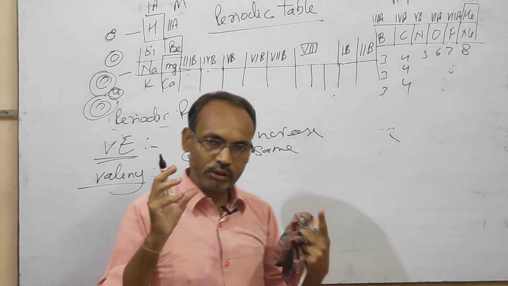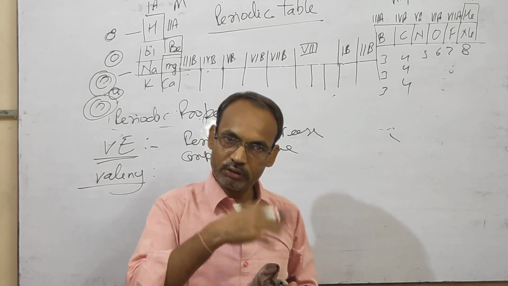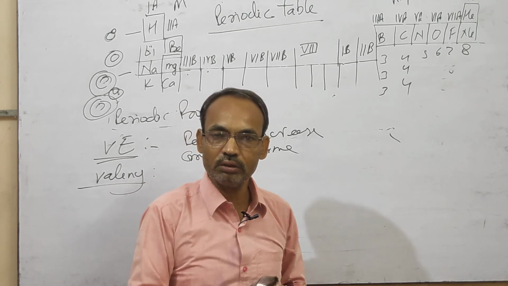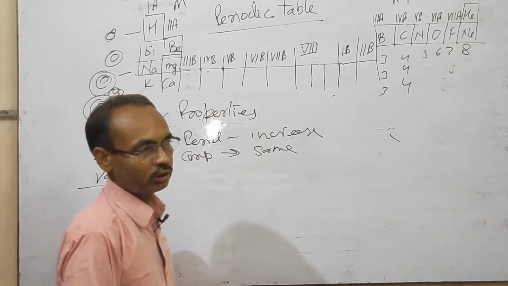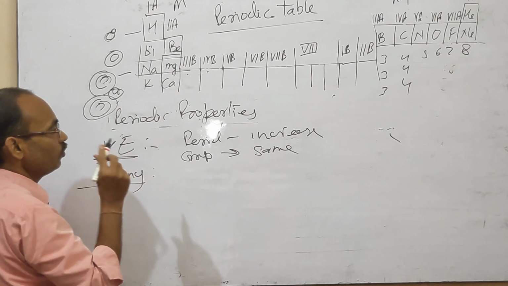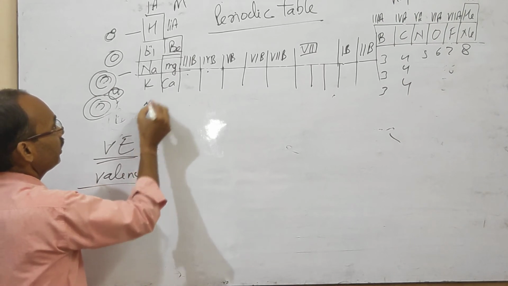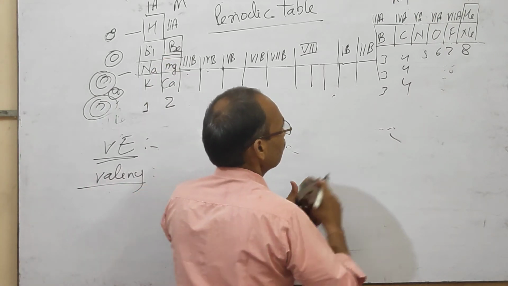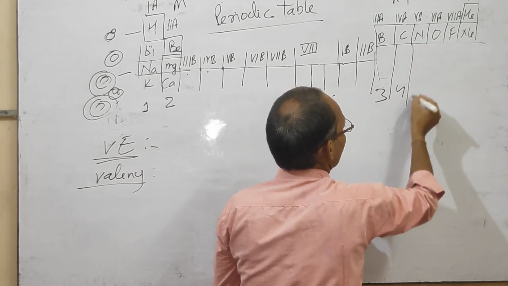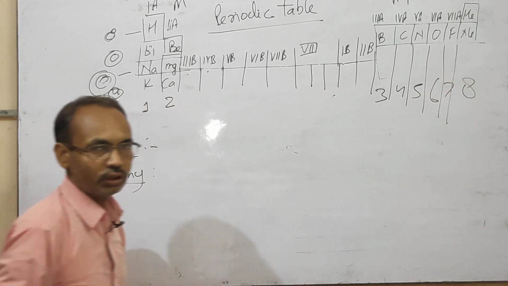You know that every element wants to complete its octet by gaining electrons, transferring electrons or sharing electrons. So the first group has only one electron in its valence shell, the next has two electrons, these elements have three, and four, and these have 5, 6, 7, and this has 8 electrons in the valence shell.